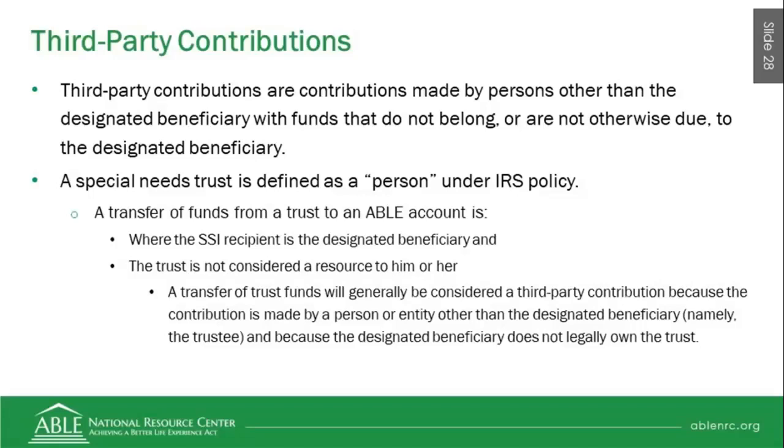A transfer of funds from a trust to an ABLE is where the SSI recipient is a designated beneficiary, and the beneficiary does not legally own the trust, and the trust is not considered a resource to him or her, and the contribution is made by the trustee. In addition to a special needs trust being a person in the eyes of the IRS, that definition also includes a partnership, an association, an employer, and a corporation.